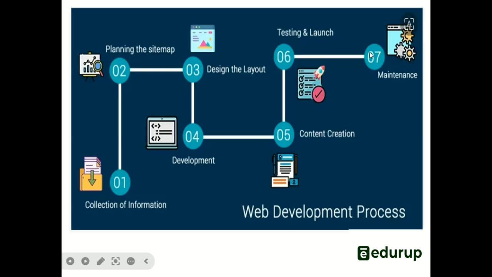Lastly, it comes to the maintenance part. Maintenance is very important nowadays, guys. This maintenance is very important in the software development life cycle. Without maintenance, if you created one website or application, it is a flop website or application. Okay, this is very important in the web development process.